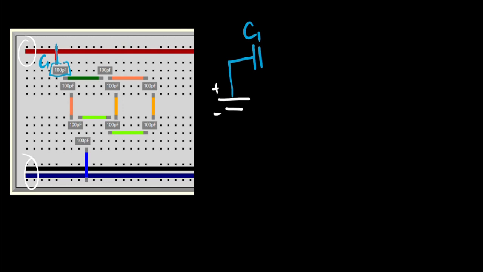And then notice that this C1 is connected to 2 points: a green wire that goes right there and another capacitor. For this particular capacitor, let's label it as C2.